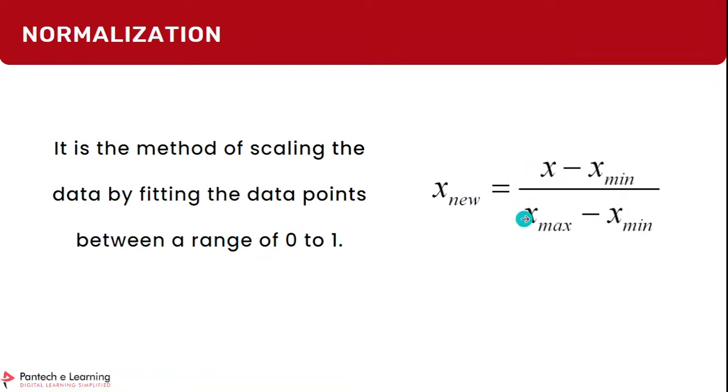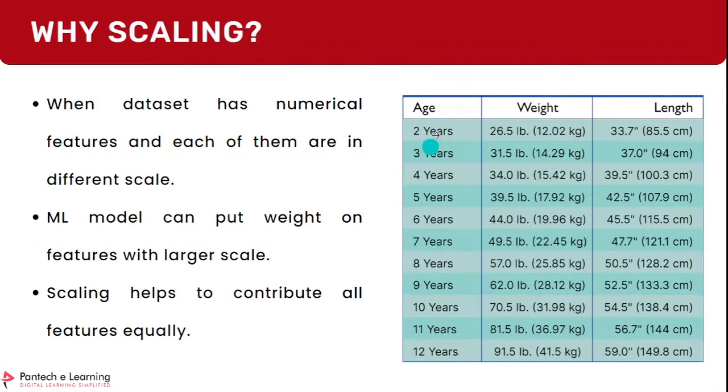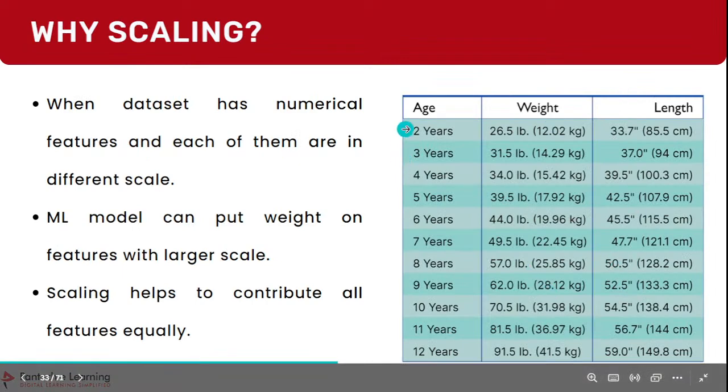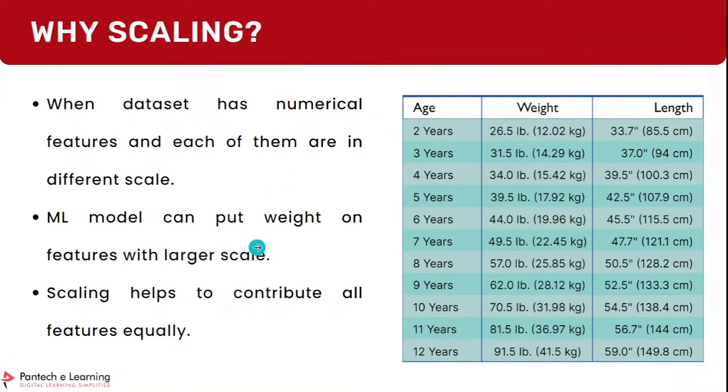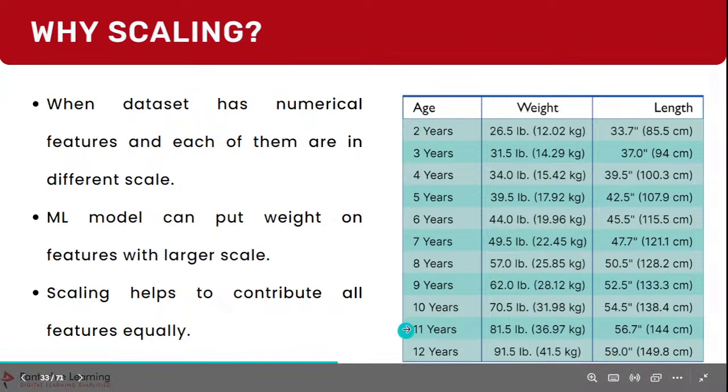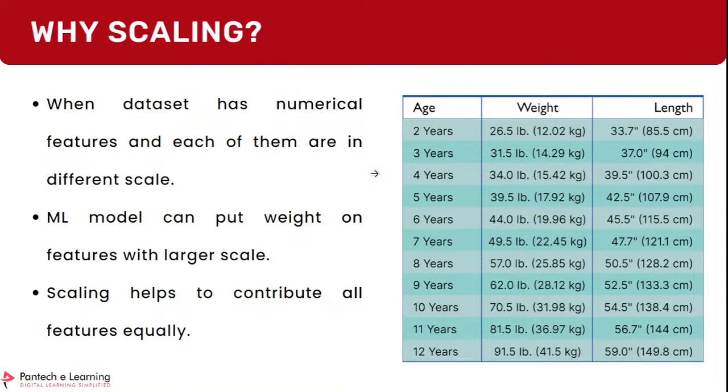And below, the maximum value is 12, minimum value is 2, so it will be 10. 10 divided by 10 will be 1. So now if you perform this for all the columns, all your minimum values will be 0 and maximum values will be 1, and remaining values in between will be in the range of 0 to 1. So you can have it in a scale of decimal values, which is between 0 to 1.